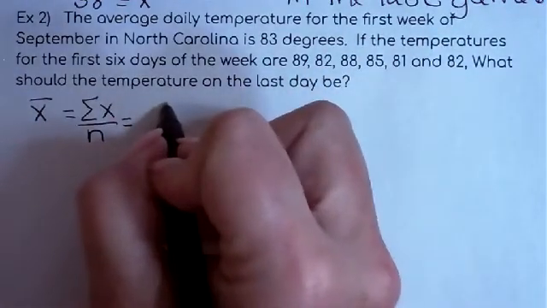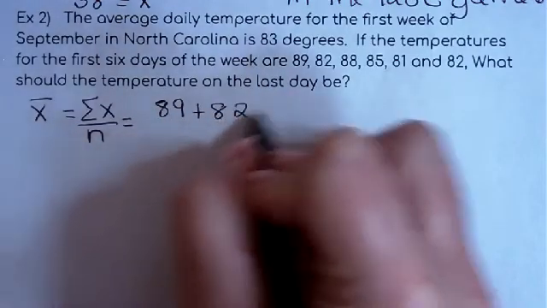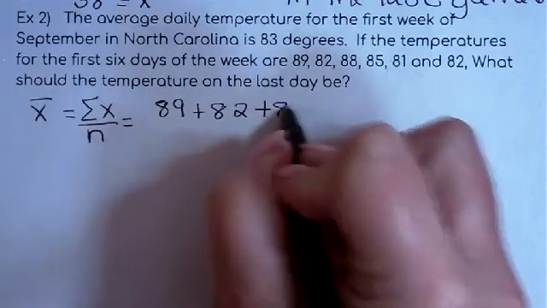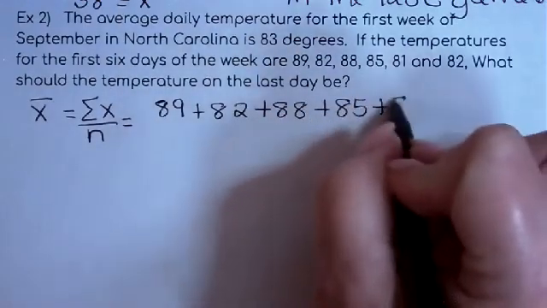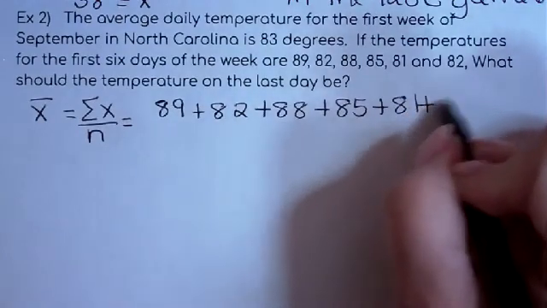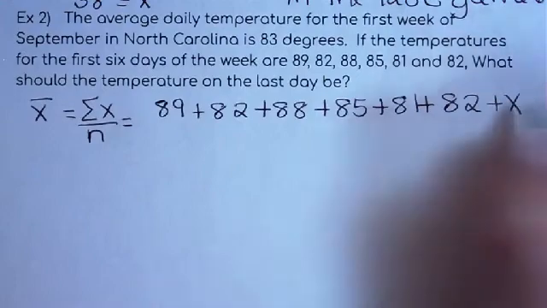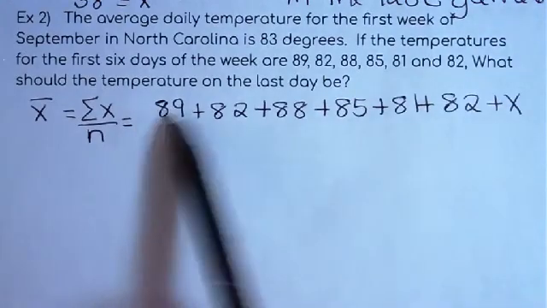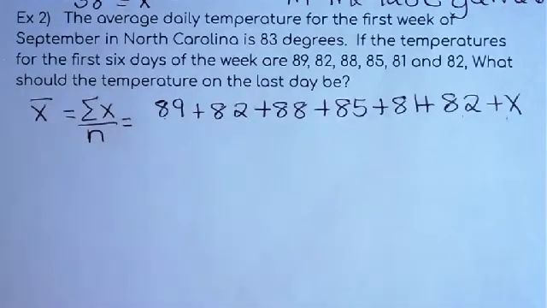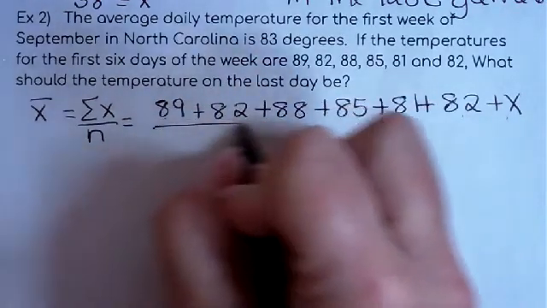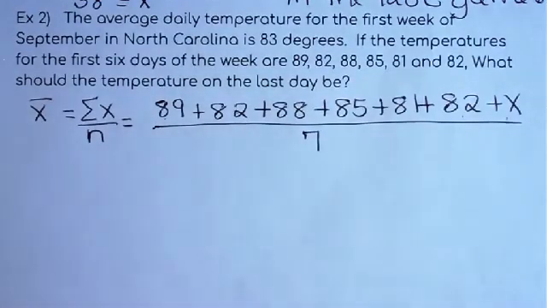So we've got 89 plus 82 plus 88 plus 85 plus 81 plus 82. Now I got to add an x right there at the end because that's day number 7. See, 1, 2, 3, 4, 5, 6 days and the last day of the week. And then I'm going to divide that all by 7 days because there is 7 days in a week.